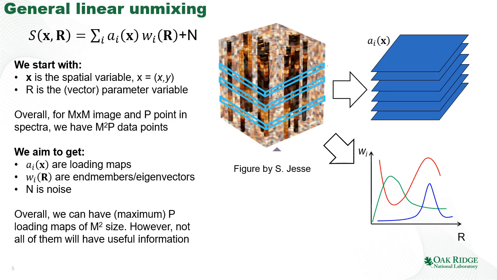For example, it may turn out that out of the p loading maps, only 2 or 3 have useful information. And therefore, we can focus our analysis on the parts of the signal which are important and discard those which are not really important. And one of the primary applications for the linear mixing methods, such as principal component analysis, is actually exploratory data analysis.